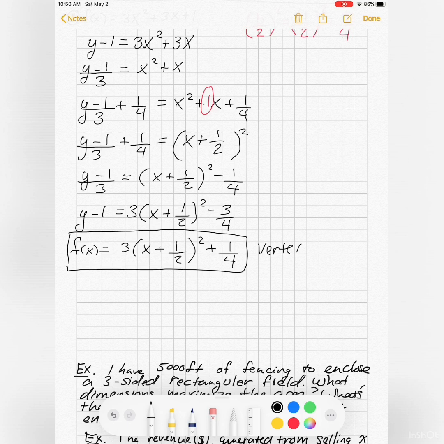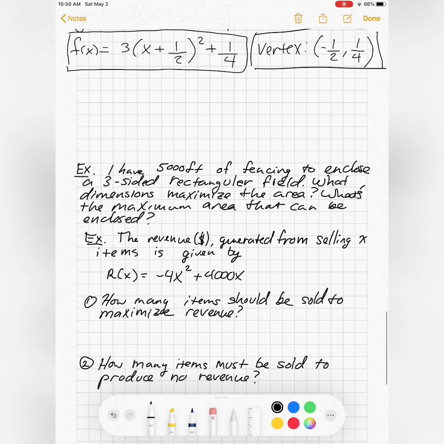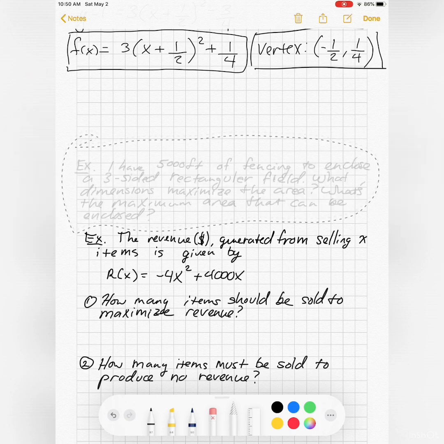So there it is. I guess the vertex would be negative a half, a quarter. Okay, so not too bad, even with the fractions. Now we get to look at a couple of these in word problems.